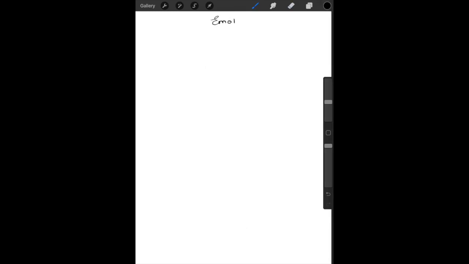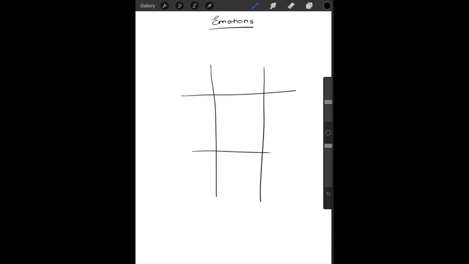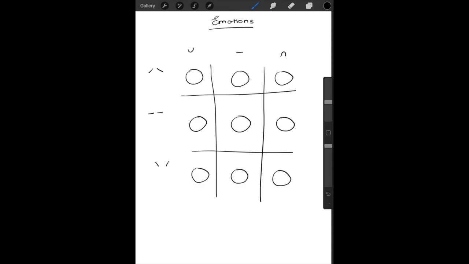Once we have the people, we move on to emotions. So the technique she taught us is to draw a 3x3 matrix, and then on the x-axis you draw the mouth shapes, and on the y-axis you draw the eye shapes, and then you draw faces in each of those cells, and then you combine the eyebrow shapes and the mouth shapes.